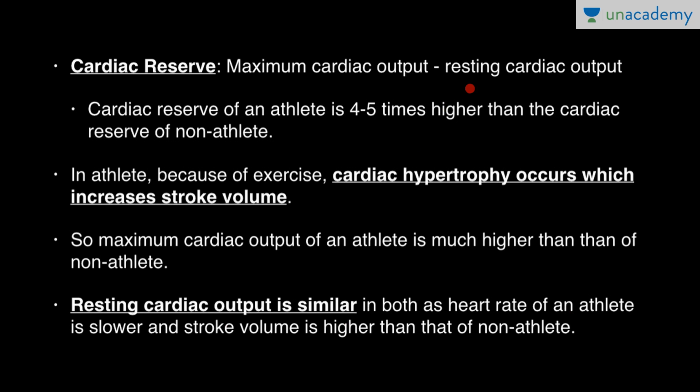Resting cardiac output is similar and maximum cardiac output is much higher, so that's why the cardiac reserve of an athlete is 4 to 5 times higher than that of a non-athlete.